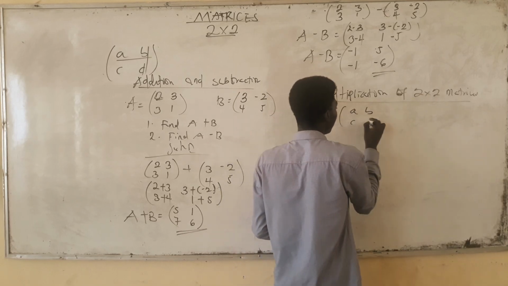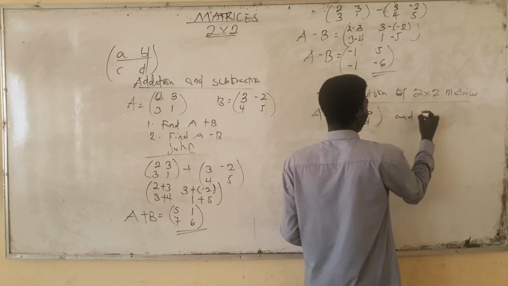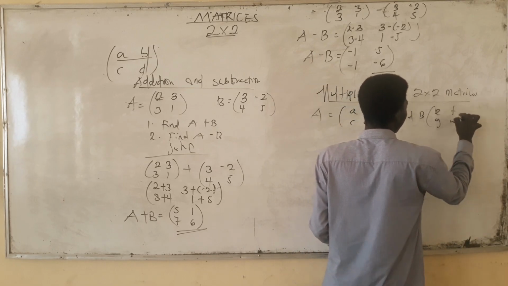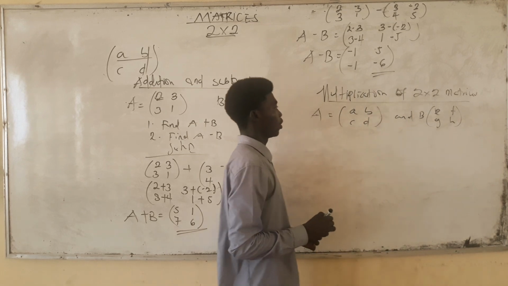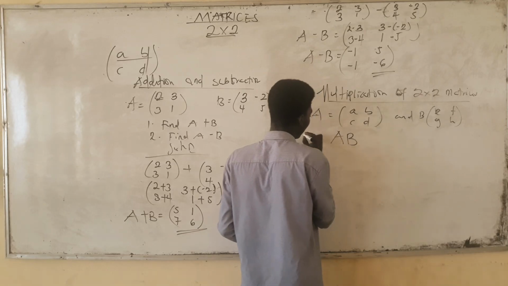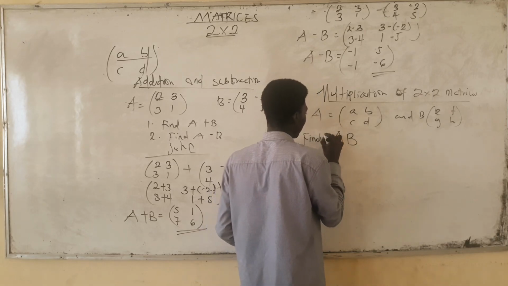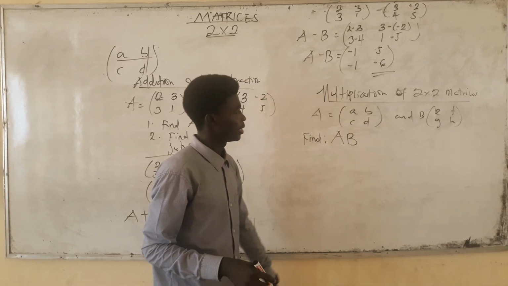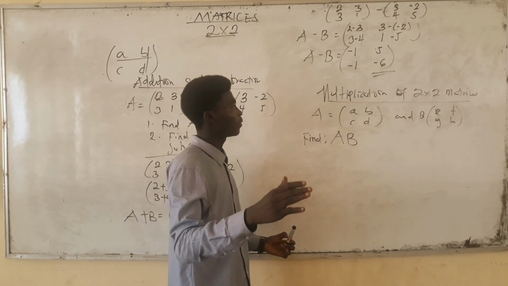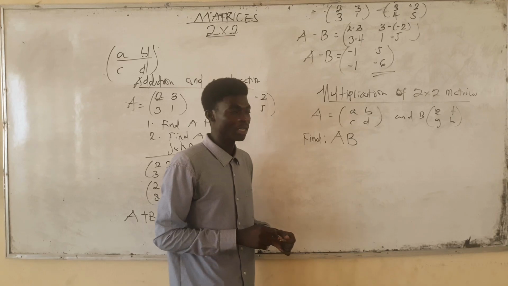We have A as a, b, c, d, and then B as e, f, g, h. So if you are told to find AB, that is the multiplication of 2 by 2 matrices.